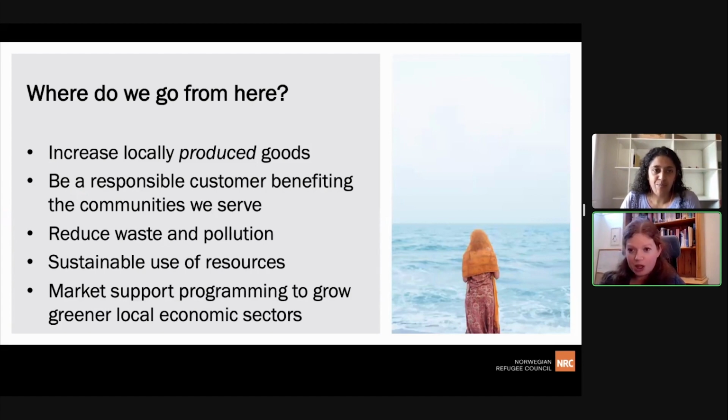We have a very strong emphasis in NRC on working with markets. And we want to increase our market support programming to actually look at how we could do things in a greener way, and what suppliers would need from us if they were going to produce goods in a greener way.